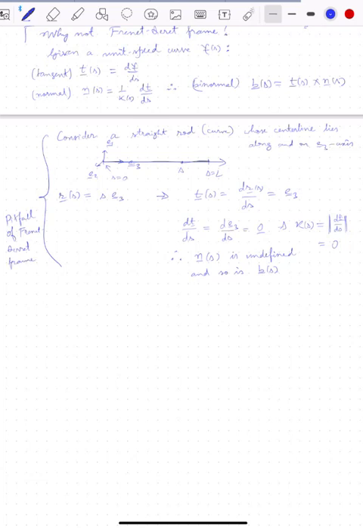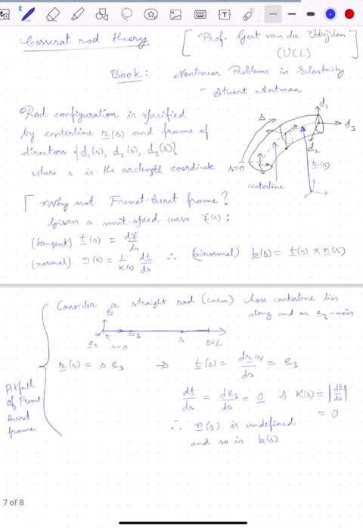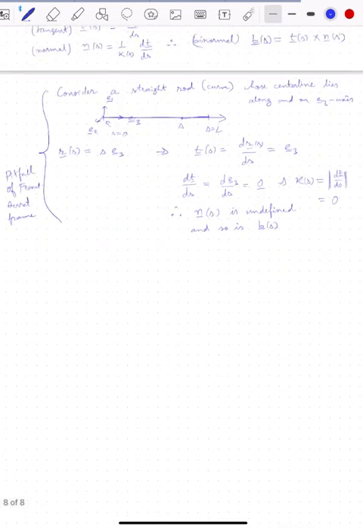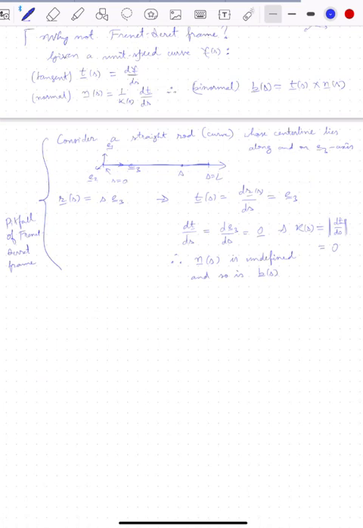So here is where this director basis, or what we call the D1, D2, D3, comes into play. So in D1, D2, D3, how do we circumvent this problem?